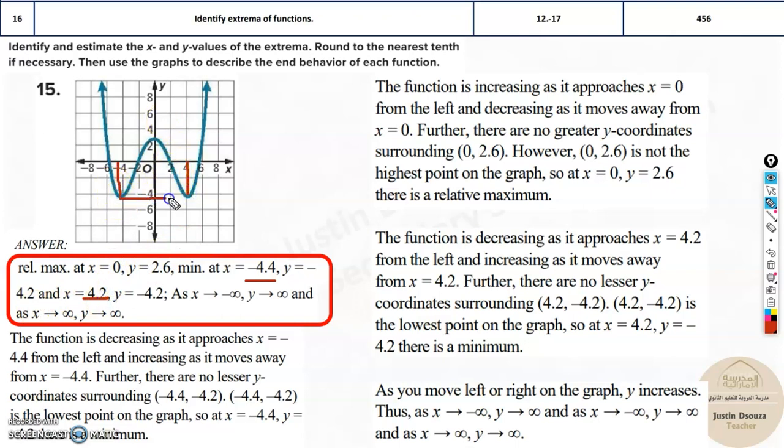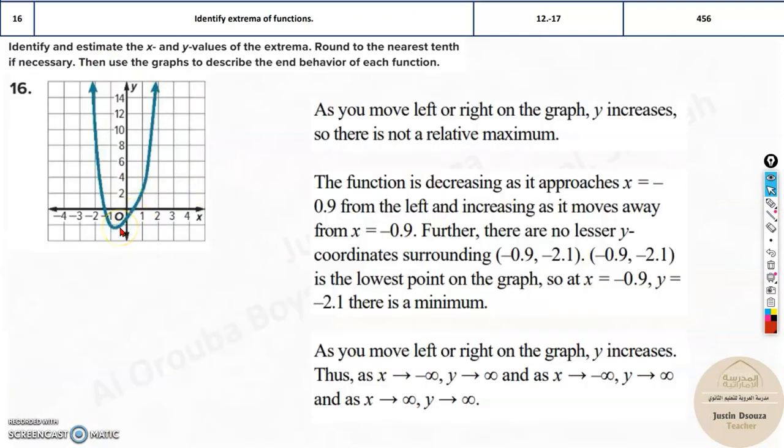It is just above 4, that is negative 4.2 y value. See, it's negative 4.2. That is the minimum value. Now, what about the end behavior? As it goes to minus infinity and also plus infinity, the y value is going only upward, to positive infinity. That is the answer. Relative maximum and minimum points.